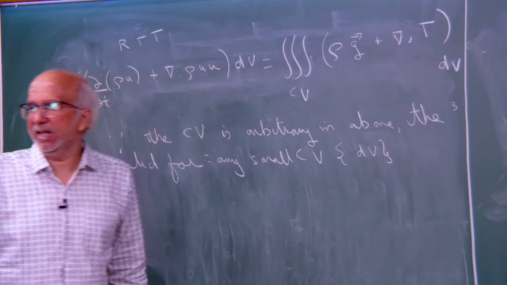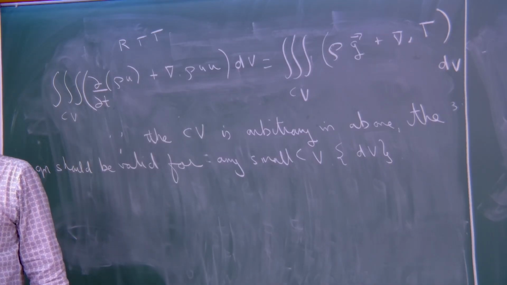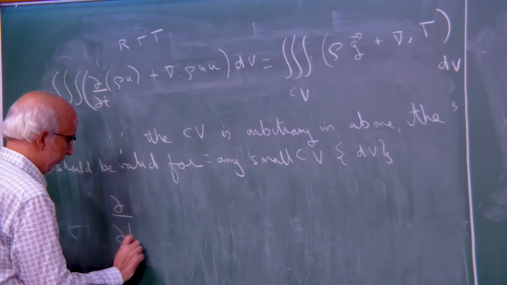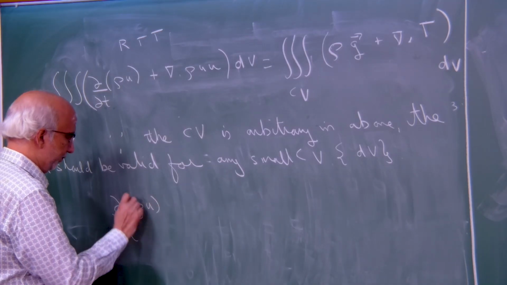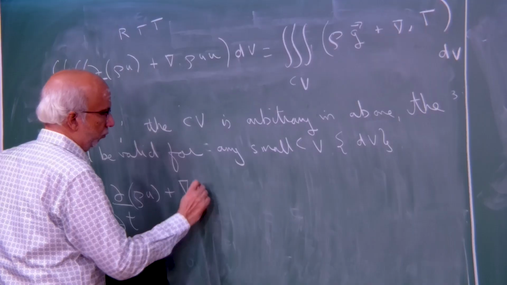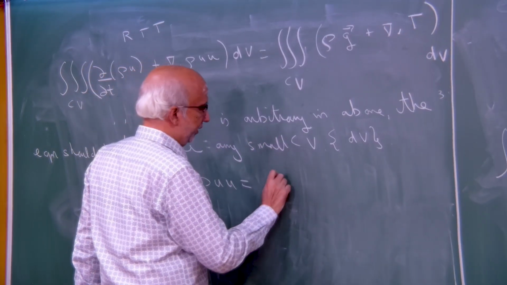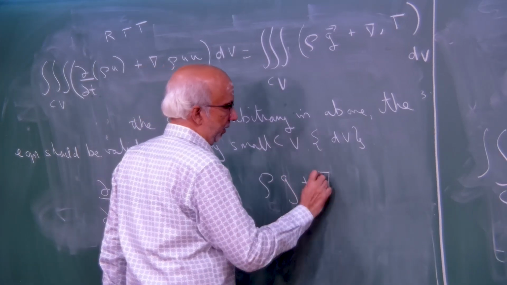Therefore, it should be valid at every point. You take any point, this has to be valid. So, then I conclude that d by dt of rho u plus divergence of rho u u equals rho g plus divergence of T.